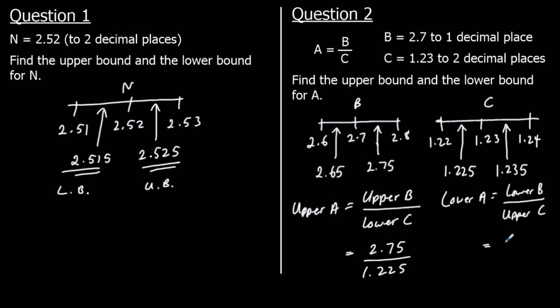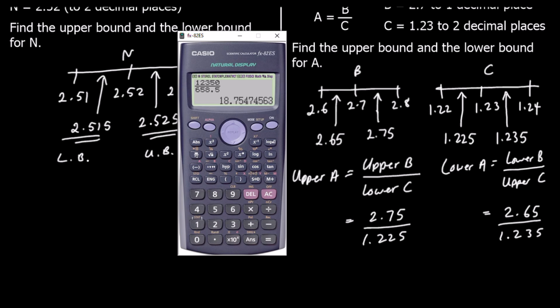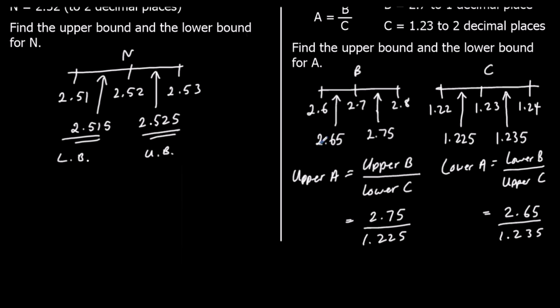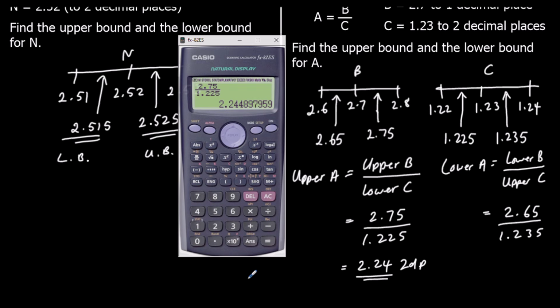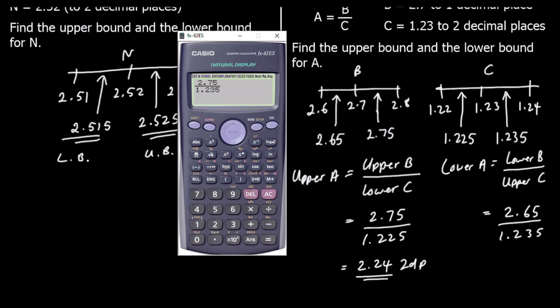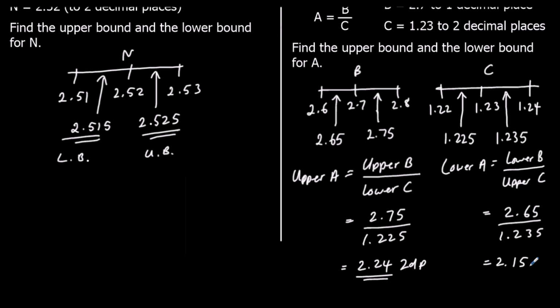And we've got lower B, 2.65, over upper C, 1.235. So we'll type them both in the calculator. So we've got 2.24 for the upper bound to 2 decimal places. And for the lower bound, we've got 2.15 to 2 decimal places.